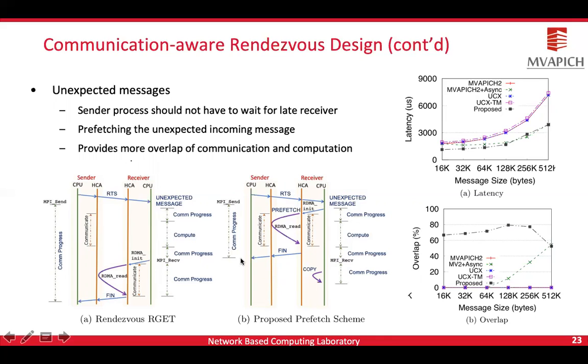On the other hand, our design tries to adaptively observe the communication pattern of the application and predict whether or not the prefetch is going to be helpful here. Therefore, as soon as the RTS is received, it decides to perform a prefetch and send back the FIN packet so that the sender side can proceed.